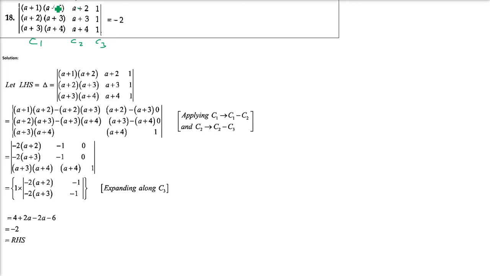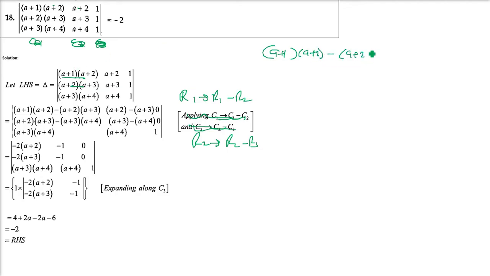Okay. So let us see here. So this I am just cancelling because we are going for rows. We are applying it on rows. Row 1 we are going to change to row 1 minus row 2, and row 2 will change to row 2 minus row 3, because we just need 2 zeros. So a plus 1 into a plus 2 minus a plus 2 into a plus 3. Now what do you get?